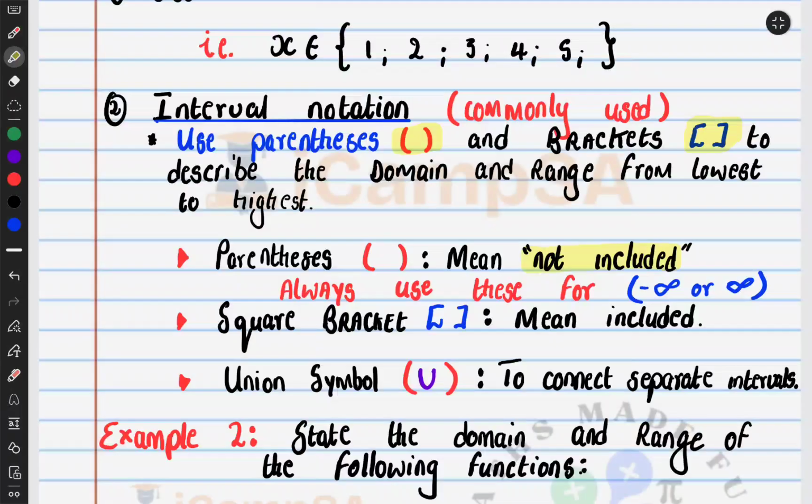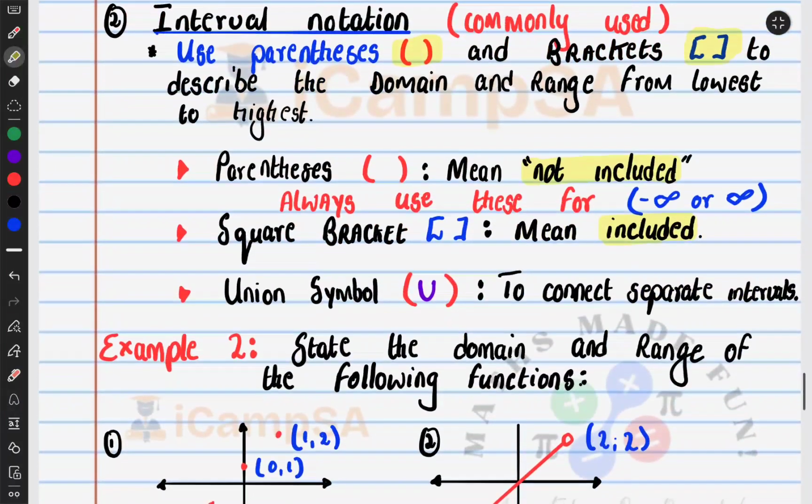Next we have the square brackets. Square brackets mean the values we are using to represent our domain and range are included. They simply represent inclusivity. Then we have the union symbol, just a small u.